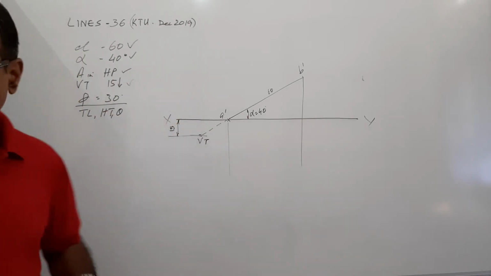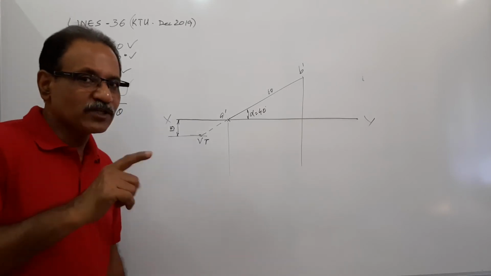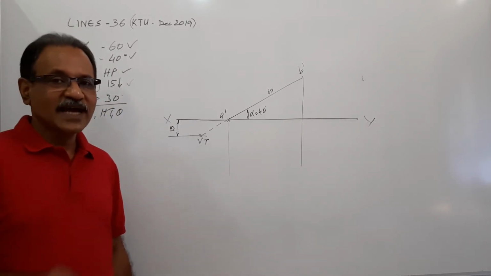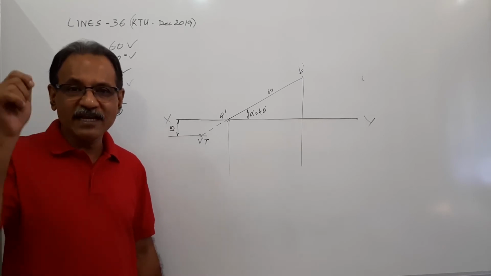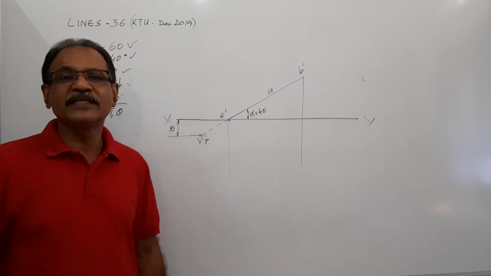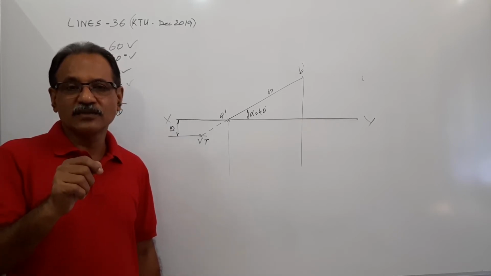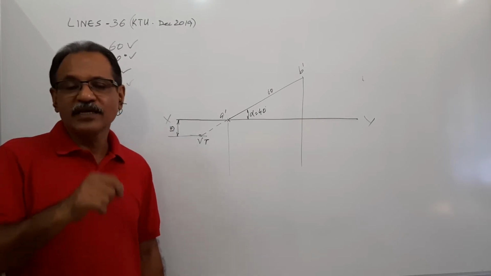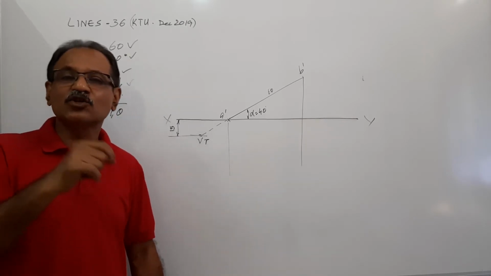Now, you know that by trapezoidal construction, at the point called VT, the angle between the elevation and the true length obtained there is phi. I repeat, by trapezoidal construction, at the point called VT, the angle between elevation and the true length obtained there is called phi.